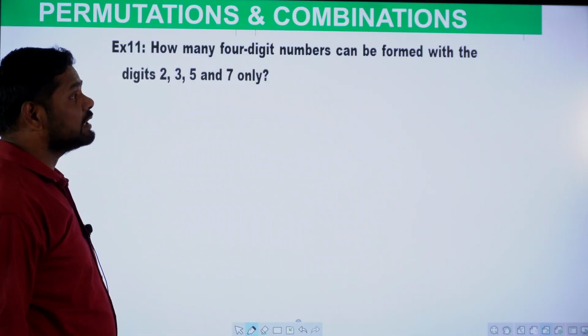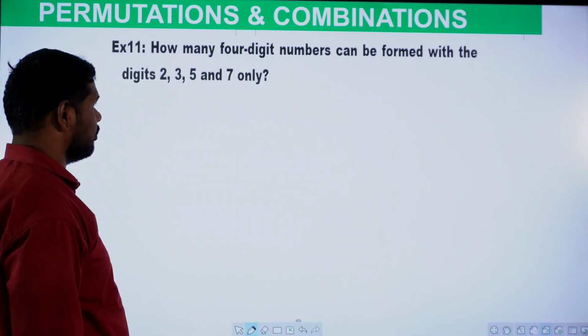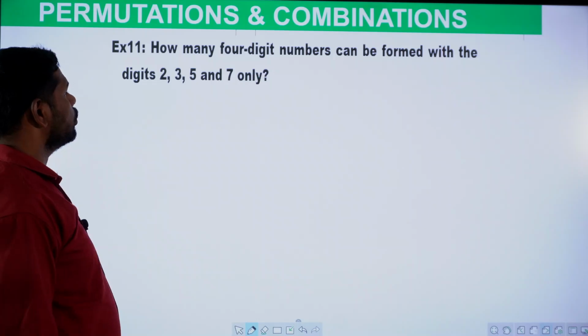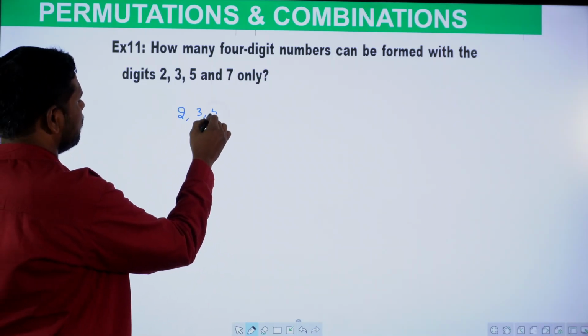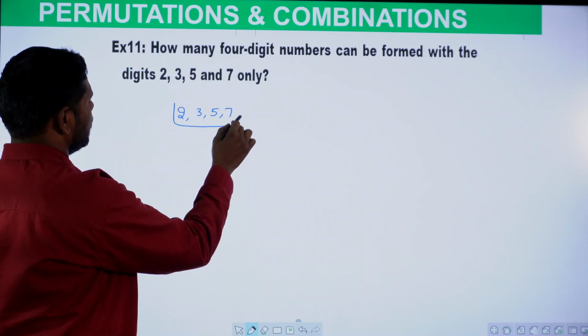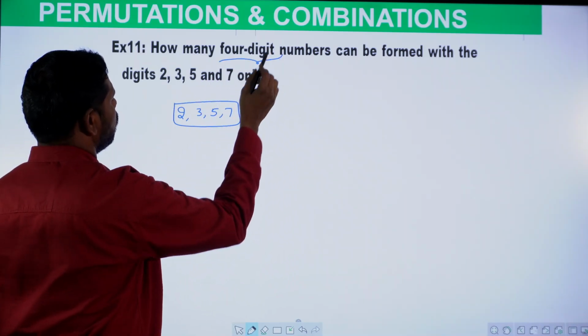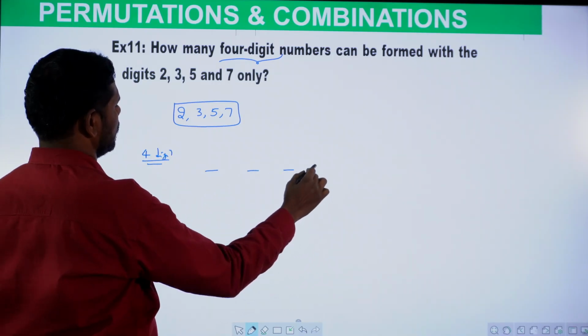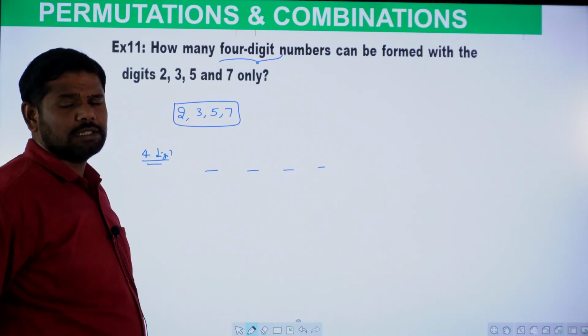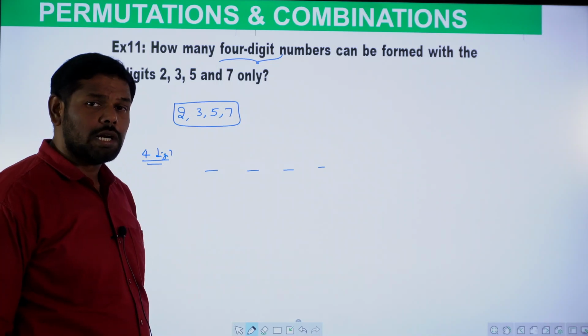How many 4-digit numbers can be formed with the digits 2, 3, 5 and 7 only? So they gave the digits 2, 3, 5, 7, and we need to form 4-digit numbers. That is clear. Now observe: for numbers, is repetition allowed or not allowed?